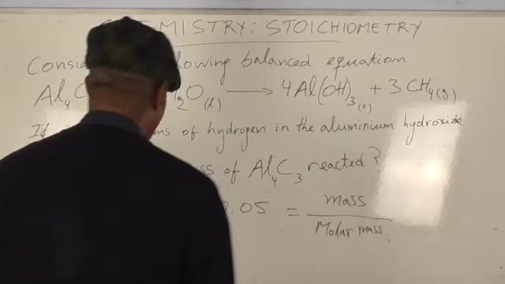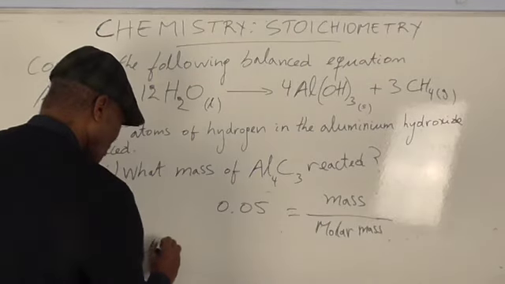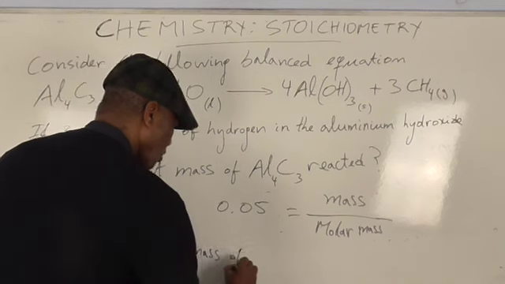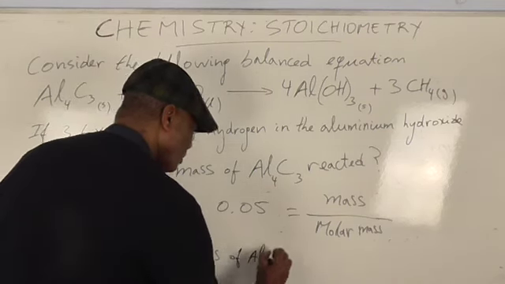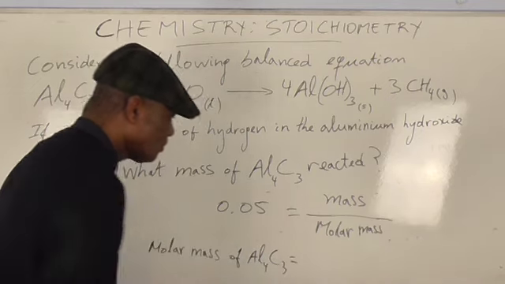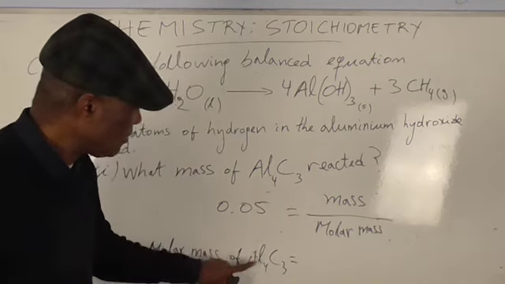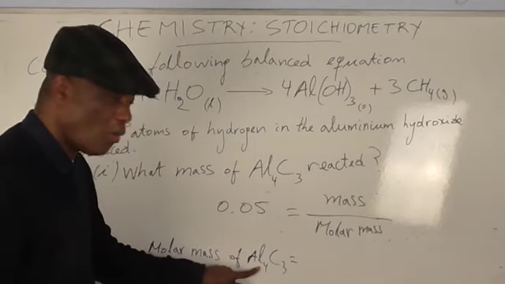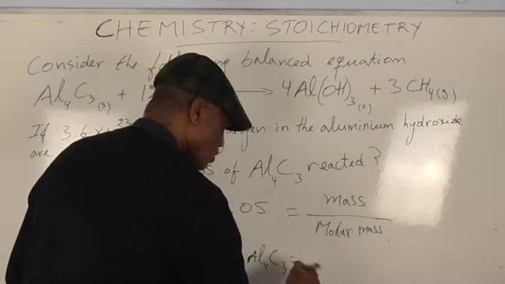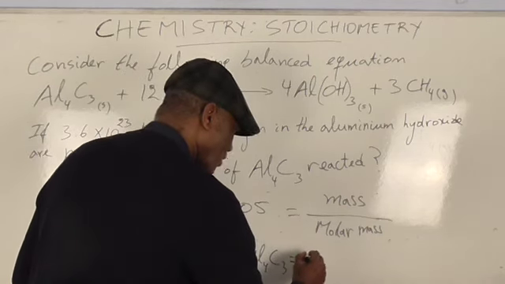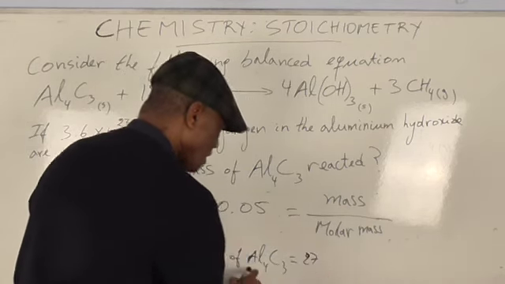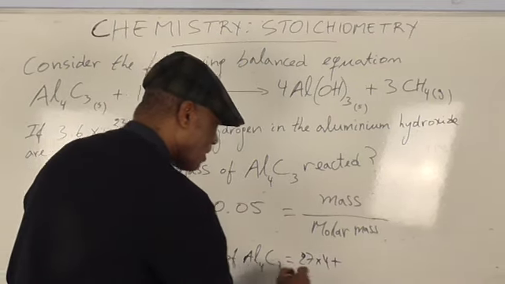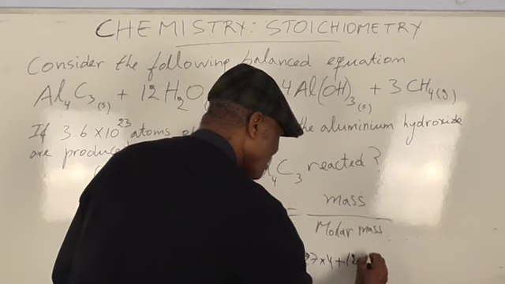So, to calculate the molar mass of aluminium carbide, we have 4 aluminium, the mass of 1 mole of aluminium is 27. So 27 multiplied by 4 plus carbon is 12 multiplied by 3.